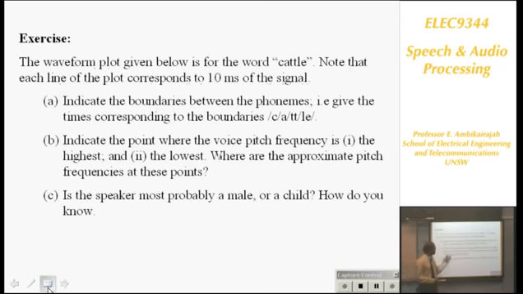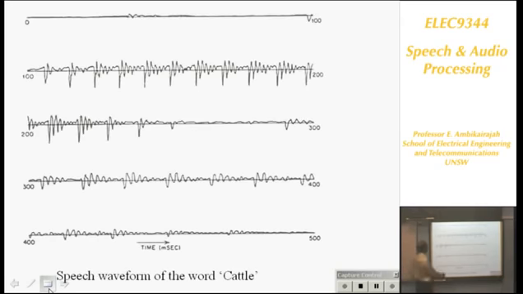So you've got an exercise here, and you've been given a waveform, and you want to go through the waveform and locate various things in it, and I'm going to leave that as an exercise. Here's a waveform. You can actually locate where the voiced speech starts, where, if the waveform word is called cattle, and try to analyze and see what you have.